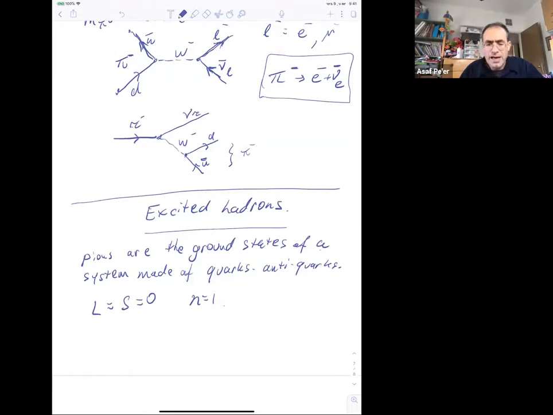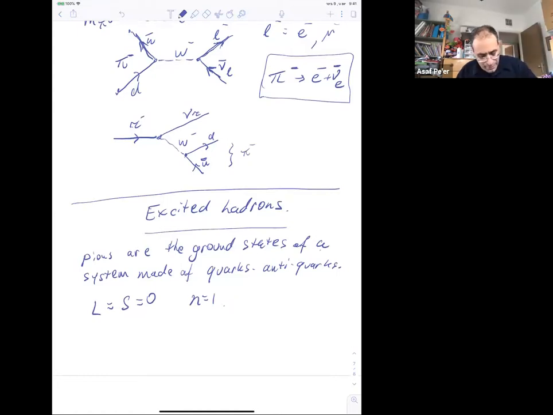So in exact analogy to the hydrogen atom, we can look at this combined wave function of up and down, or up and anti-down, or anti-up and down, as a quantum mechanical system, which doesn't have to be in the ground state. It can be in an excited state, right?